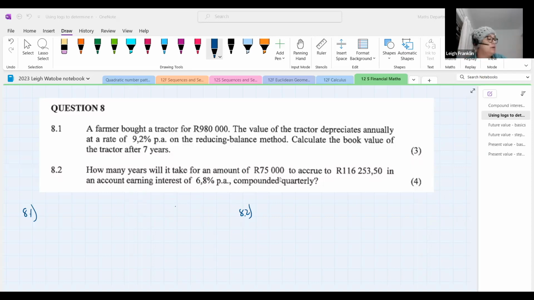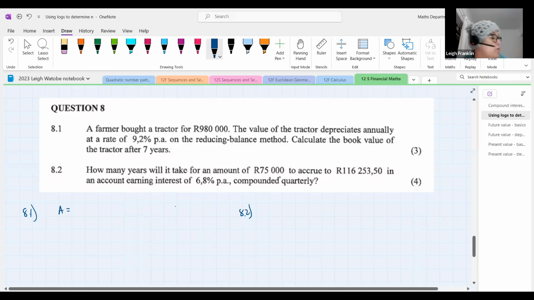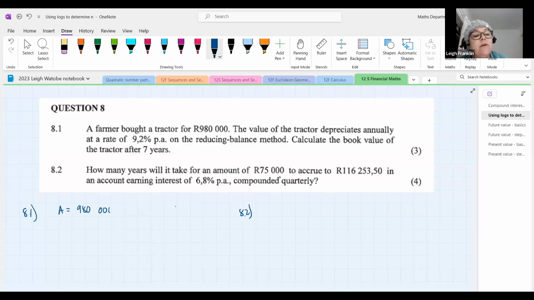All right, so if you got the first one incorrect, what we should have had was this. A equals 980,000 times 1 minus 0.092. Be careful of that extra 0 over there, to the power of 7.